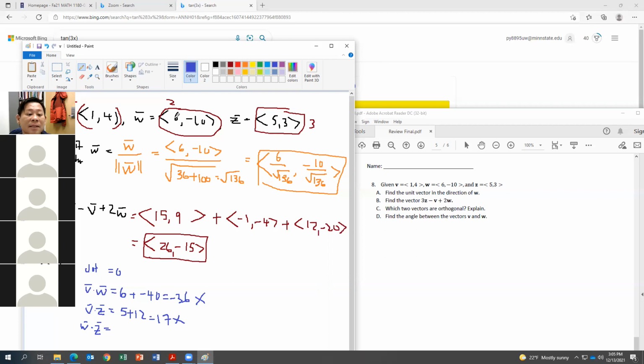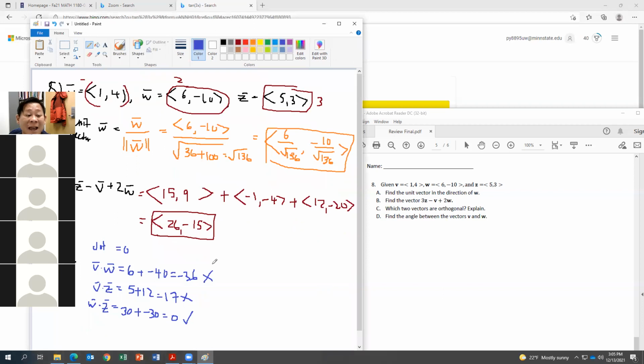W and z, so we take 6 times 5, which is 30, plus negative 10 times 3, which is negative 30. So this is 0. So this is orthogonal. So this is how we figure out which two vectors are orthogonal. You just simply take 2 of these vectors and multiply them.